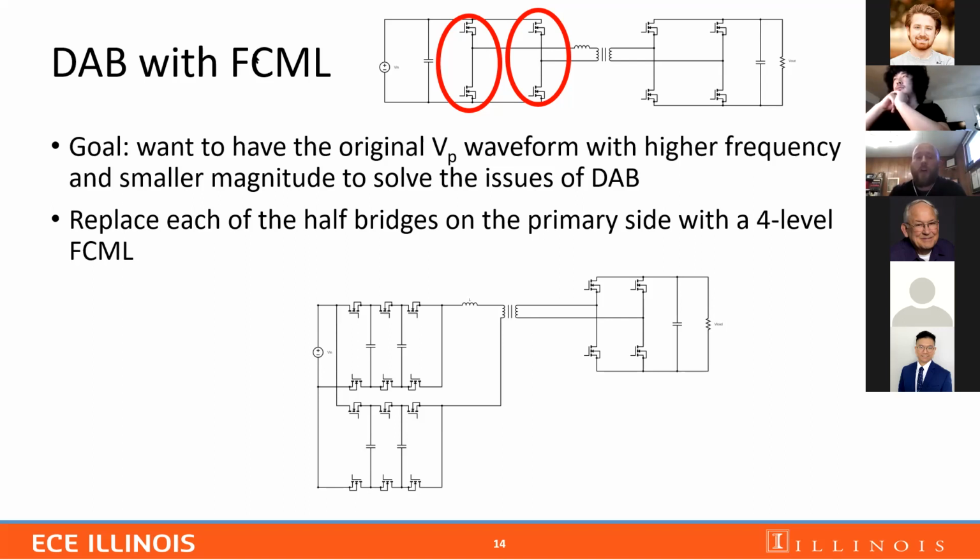But if we're now using lower voltage rated switches, instead of switching, say, 400 volt rated switches, we're now switching 100 volt or 200 volt rated switches, we should be able to switch those faster. And we have the benefits of the FCML as well. Fundamentally, it's really just the frequency gain. We don't get a lot of benefit from the other aspects of this, because our flux is fundamentally still the same. When you think about our secondary side, that volt-second doesn't change.